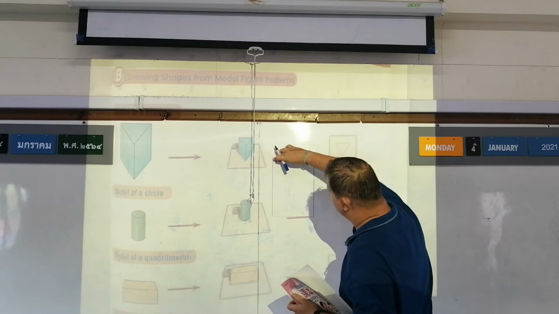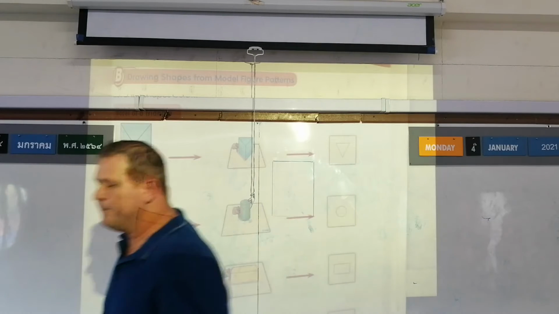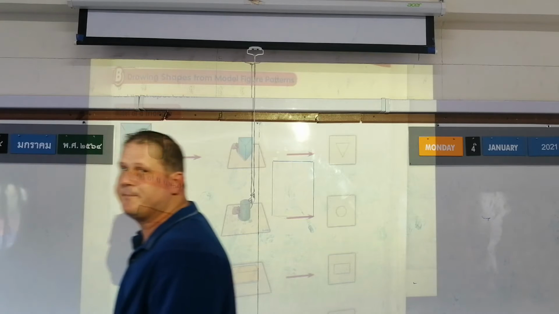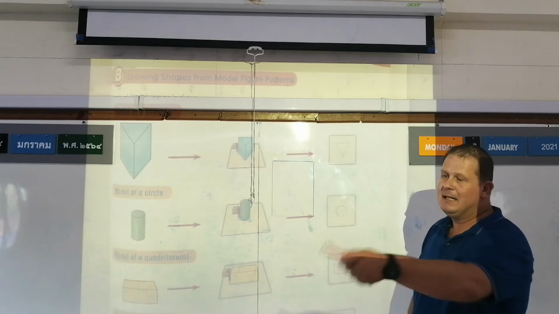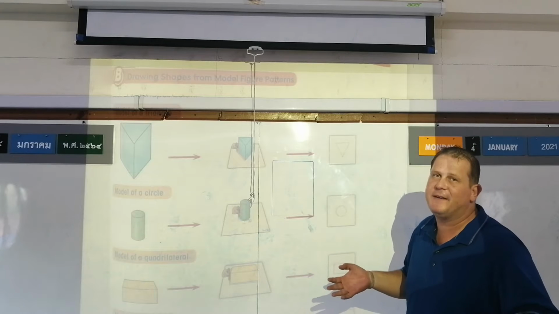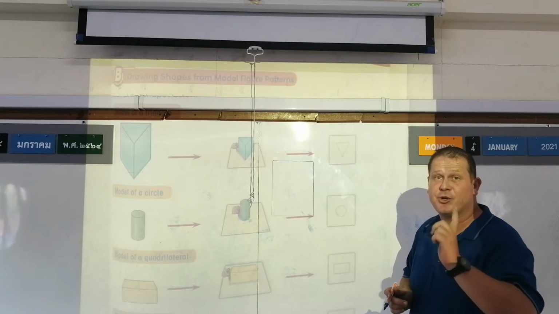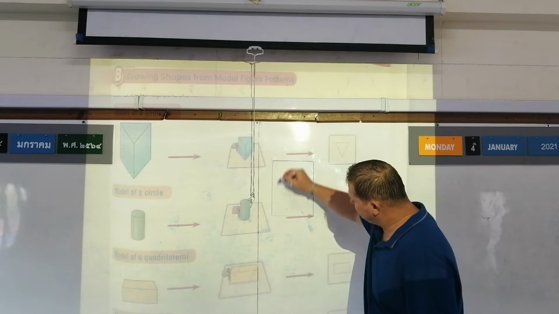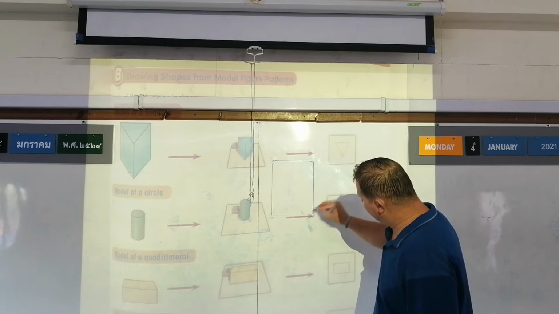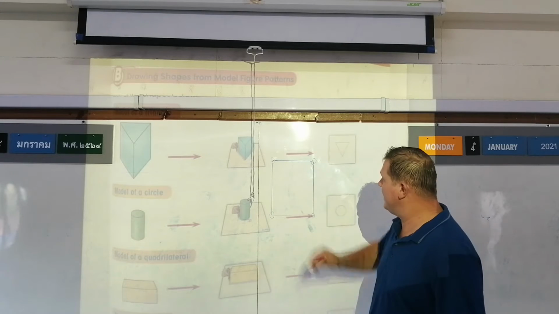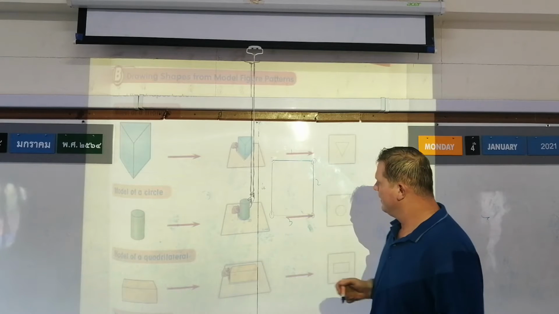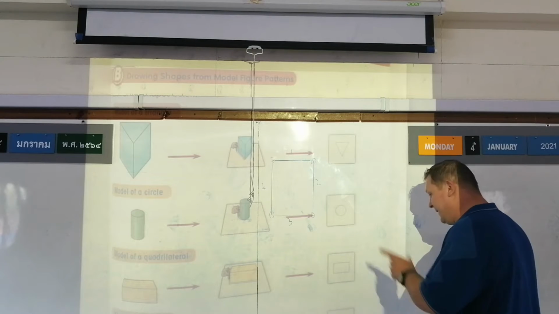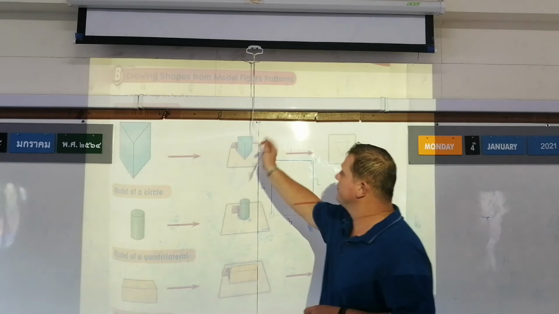Yeah, there we go. All right, being able to trace objects onto a piece of paper or onto a board, and that turns out to be a perfect quadrilateral. 1, 2, 3, 4. 4 corners. 1, 2, 3, 4 sides. All right, quadrilateral.